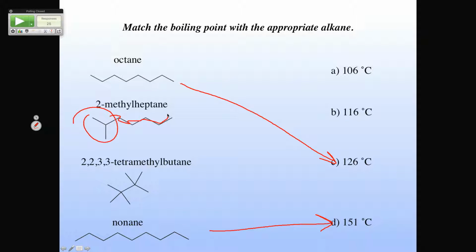It's kind of like a noodle with a ball on the end. Okay, now that means this guy has to be A. It has the lowest boiling point because of its shape. All right, everybody got that? Kind of a nice, fun, easy thing.